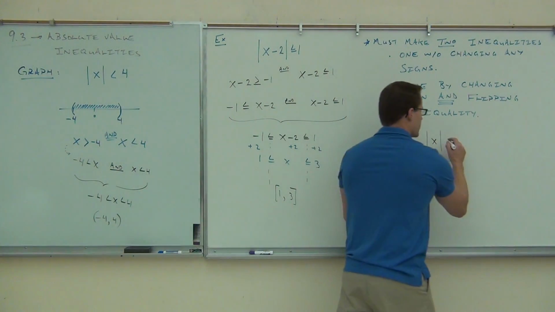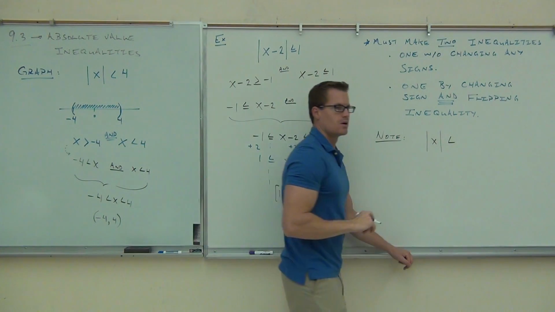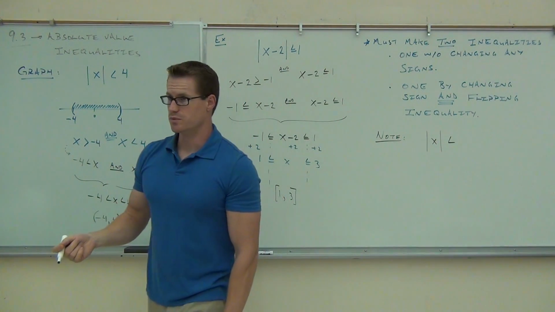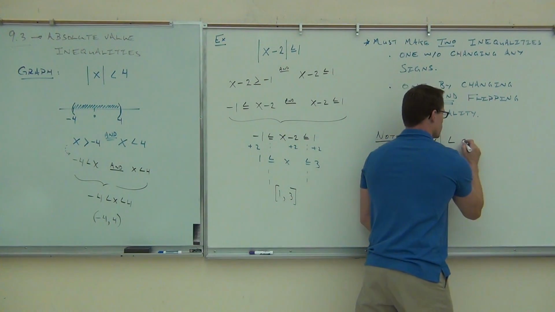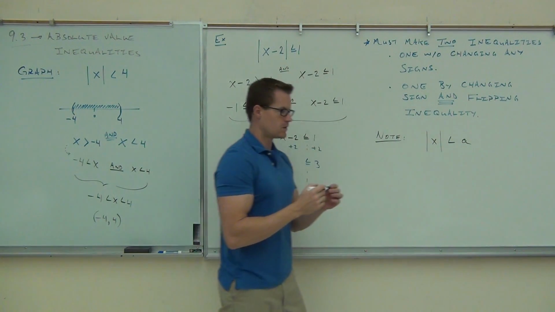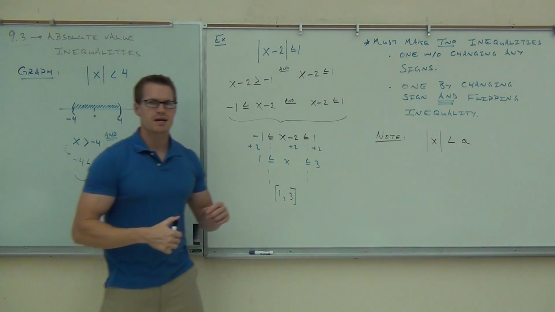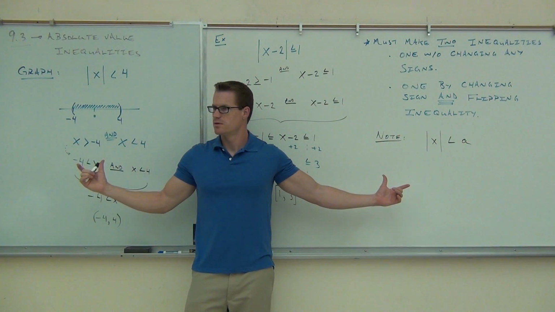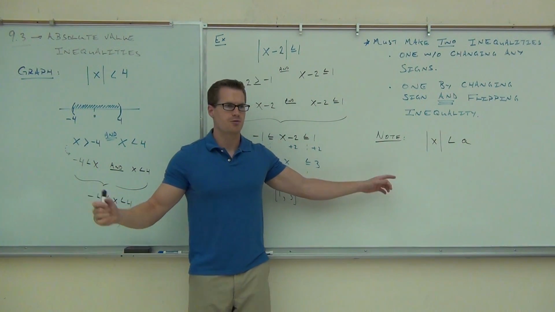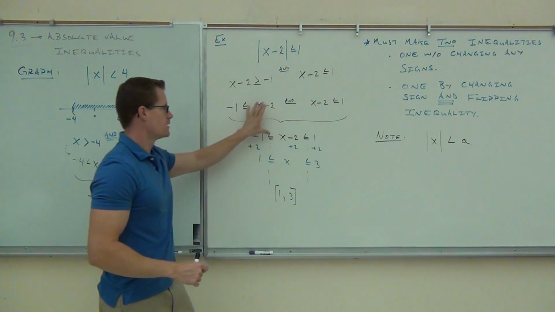Anytime you have an absolute value with a less than or equal to some number, do you guys see that we'd be able to do this exactly the same way as these examples? Do you see that? Every time. If we have this symbol, we can write it ultimately as this.